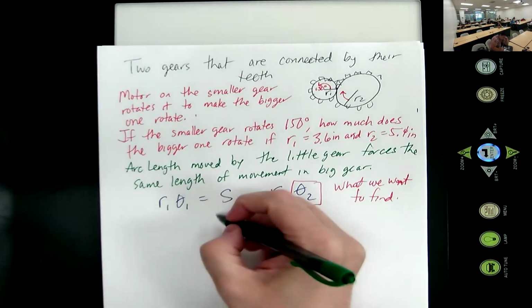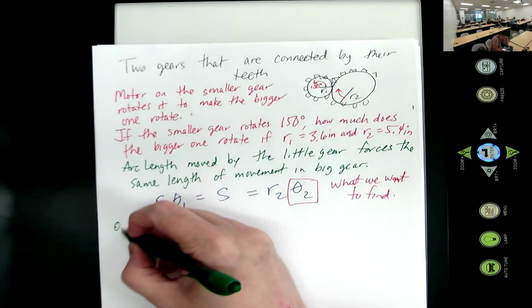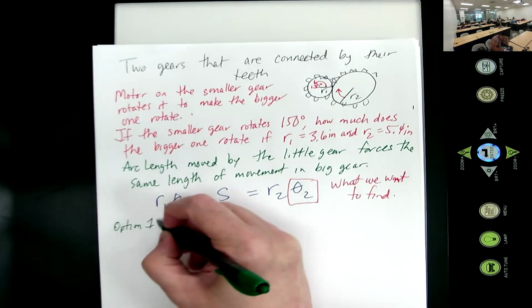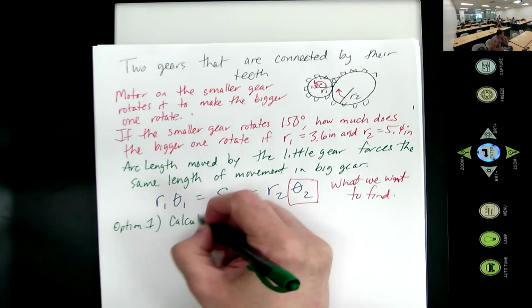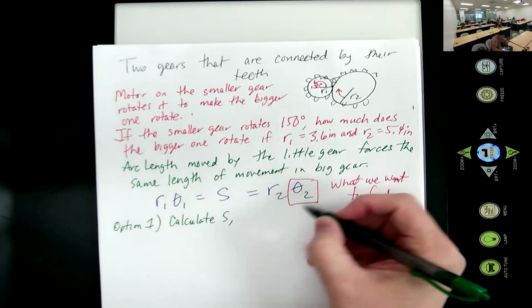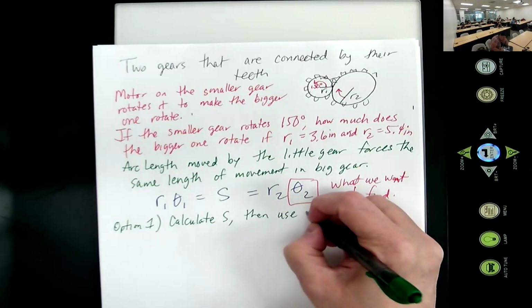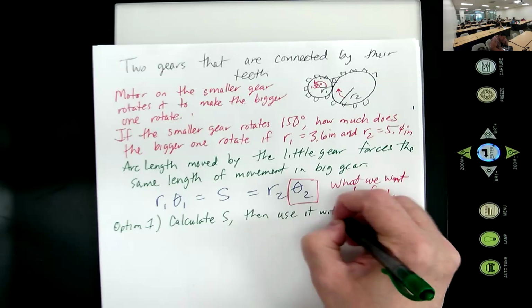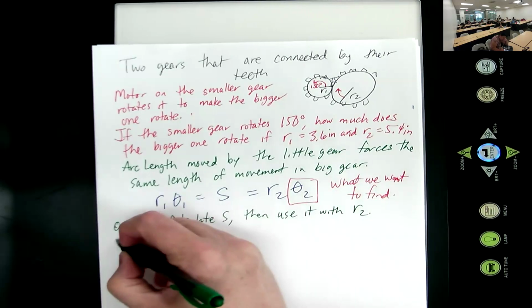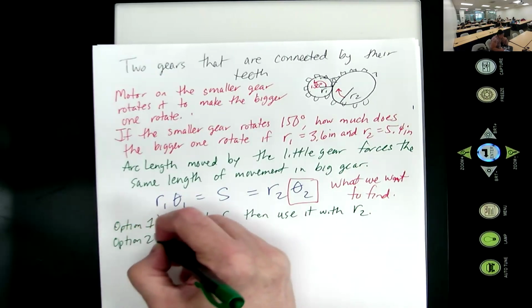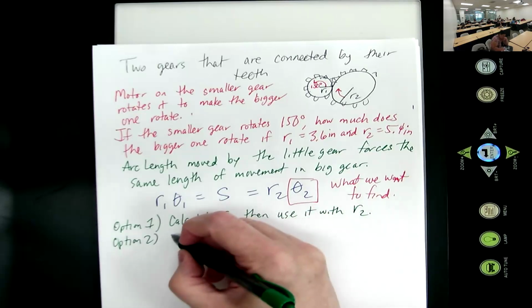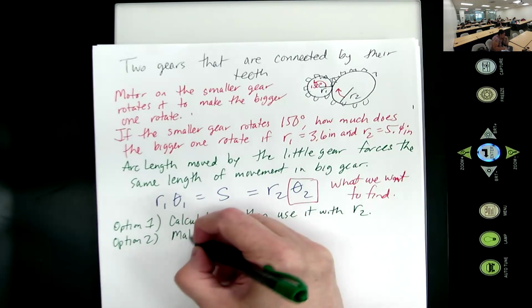Option 1: calculate S, then use it with R2. Option 2: make it one equation by eliminating S.